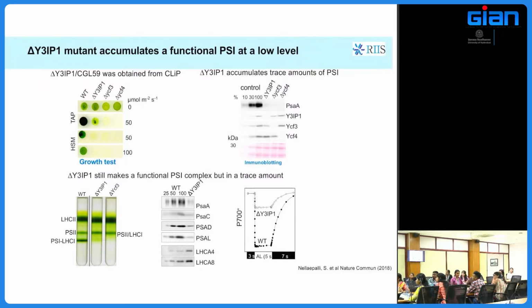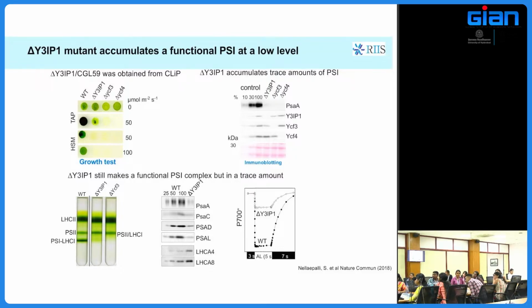PS1 has no such system. So once PS1 is damaged, there is no repairing system. The whole complex must be synthesized, so it takes time, and the photodamage of PS1 is affected much more significantly. So basically PS2 photodamage is important for protecting PS1, right?